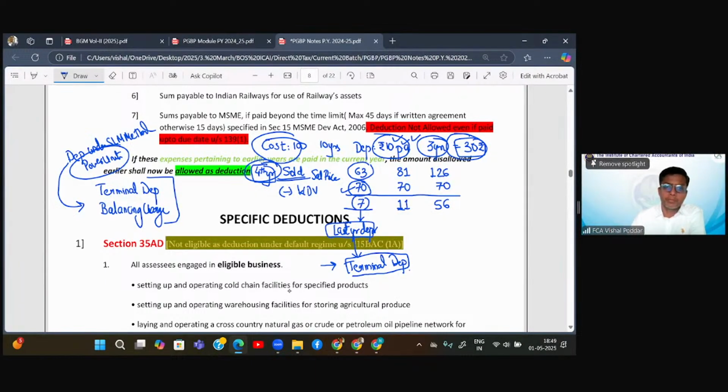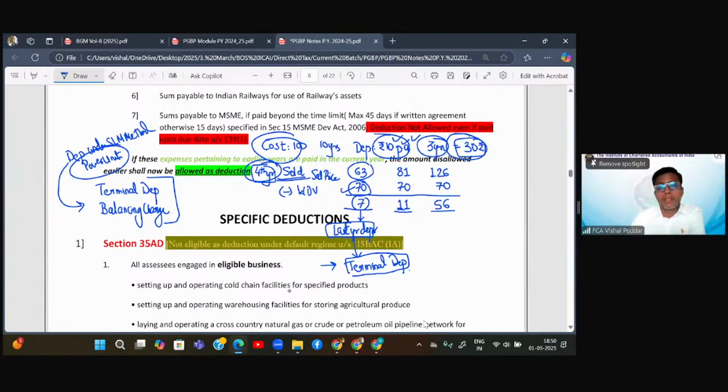Fine. Now something even more interesting. I have a profit here and here. Again, in your accounting language, you will say this is profit on sale of asset. Income tax says, sorry, don't call it so. Because the moment you call it profit on sale of asset, it becomes a capital profit and goes to capital gain.